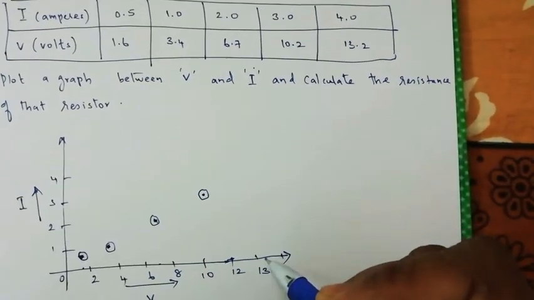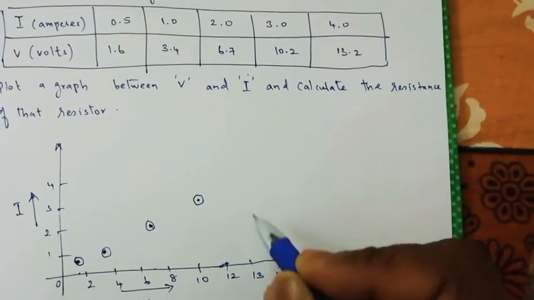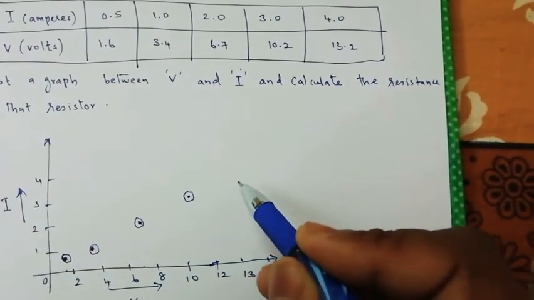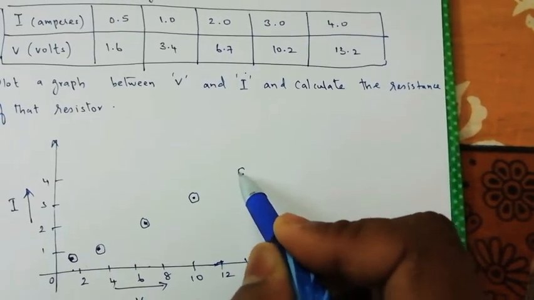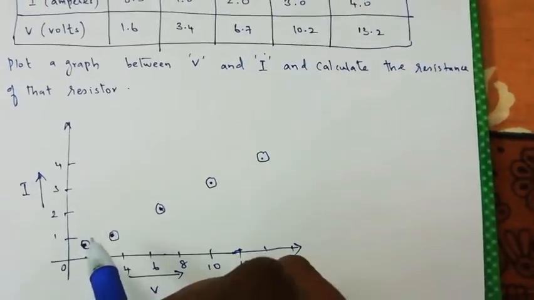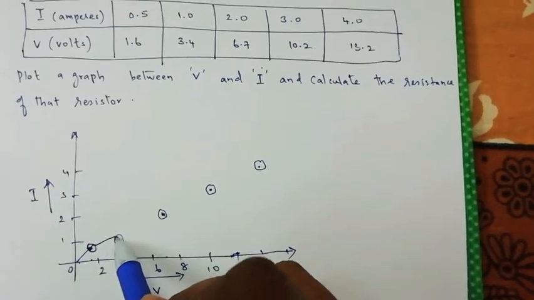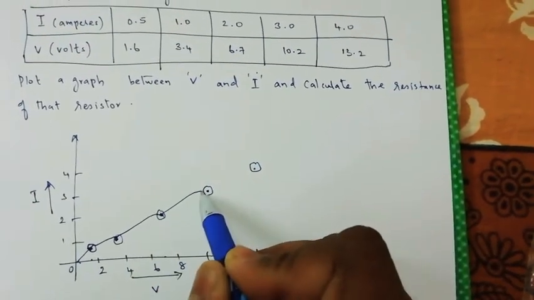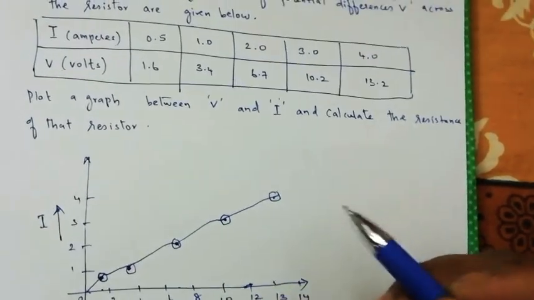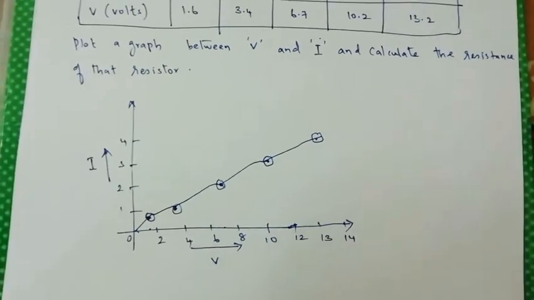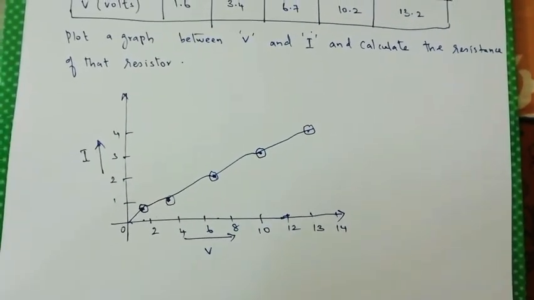And for 13.2 it's 4, around here. So what we are going to do is connect all these points, right? After connecting it, this is the graph we have plotted between V and I.